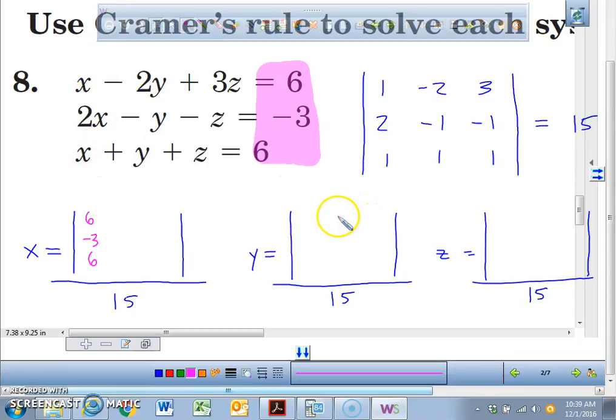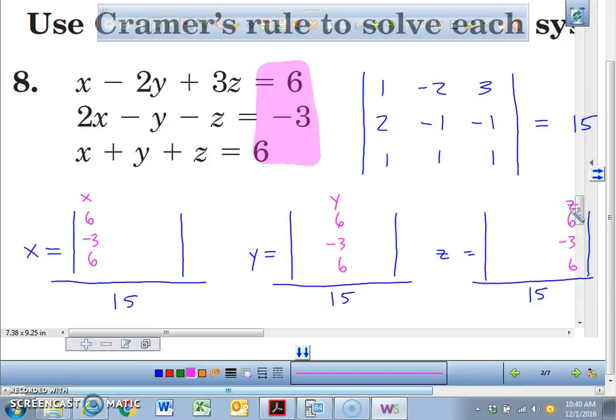When you're solving for y, you carefully place these directly in the middle of your determinant. And when you're solving for z, you carefully place them on the far right. So we're replacing the column for all of our x coefficients, all of our y coefficients, and then all of our z coefficients. That's going to be very important that you do this correctly.